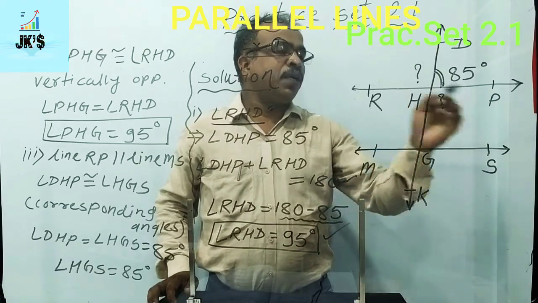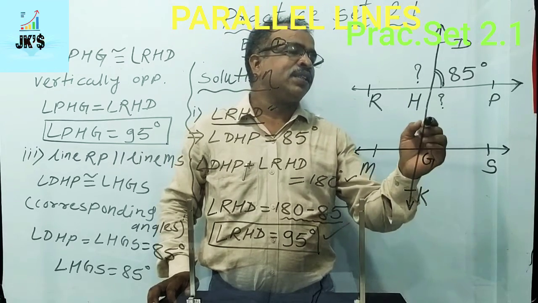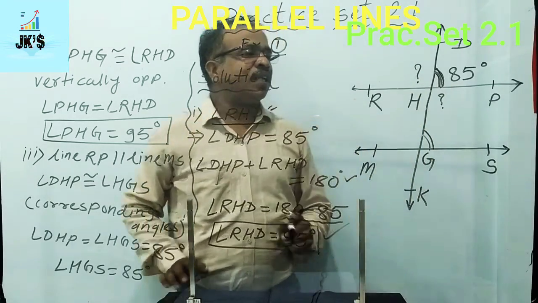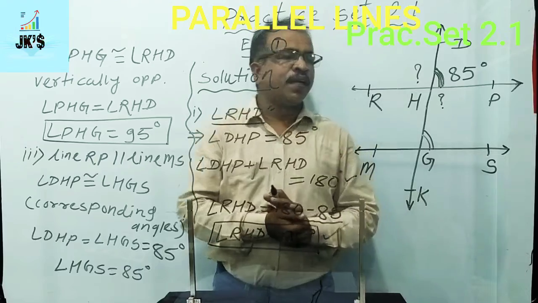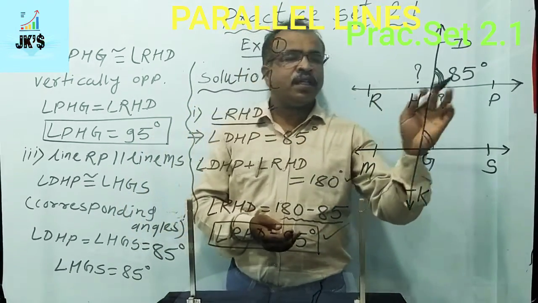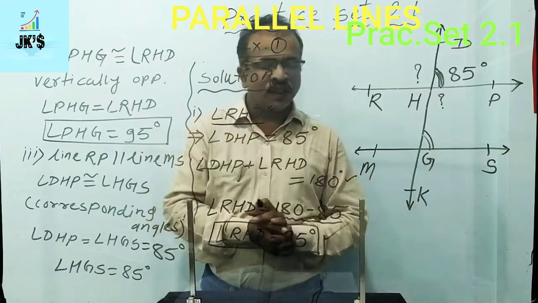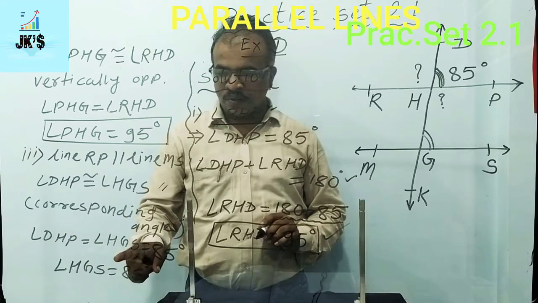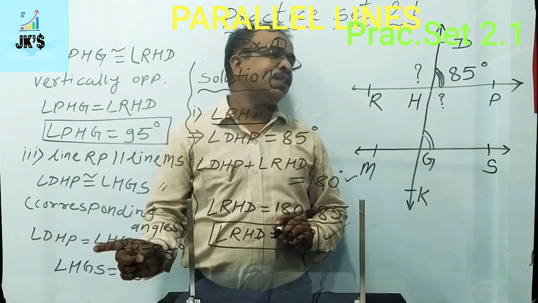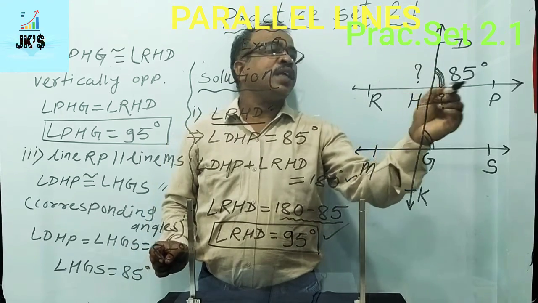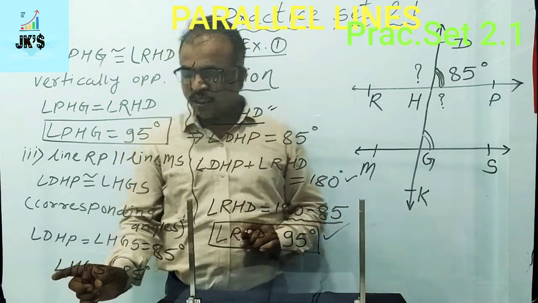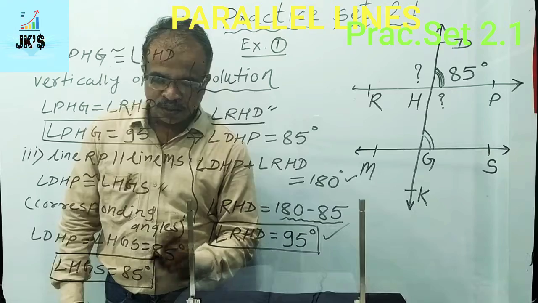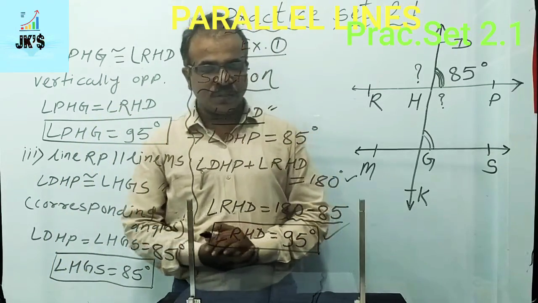Angle DHP and angle HGS, this one angle and this one angle, are corresponding angles and corresponding angles are congruent. Hence DHP is congruent to HGS. If two angles are congruent, then their measures are equal. So DHP equals HGS, but we know that DHP is 85, hence HGS is also 85. This is the answer of our third question.